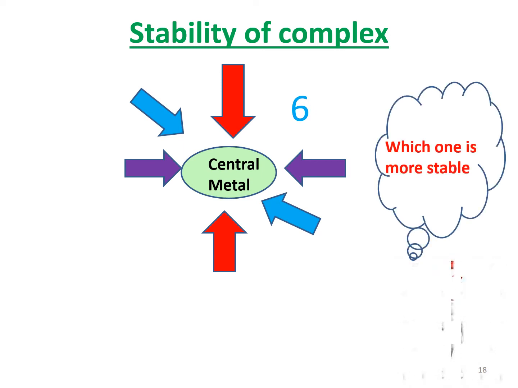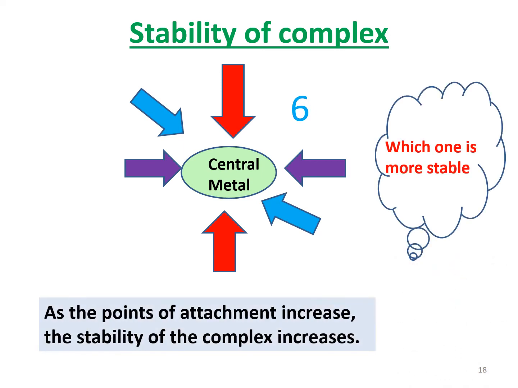Well, eventually, as the points of attachment increase, the stability of the complex also increases. So, by default, you will see that the polydentate ligands, either bi, tri, or tetradentate, are more stable when they form a complex with a central metal ion than the unidentate ligand.